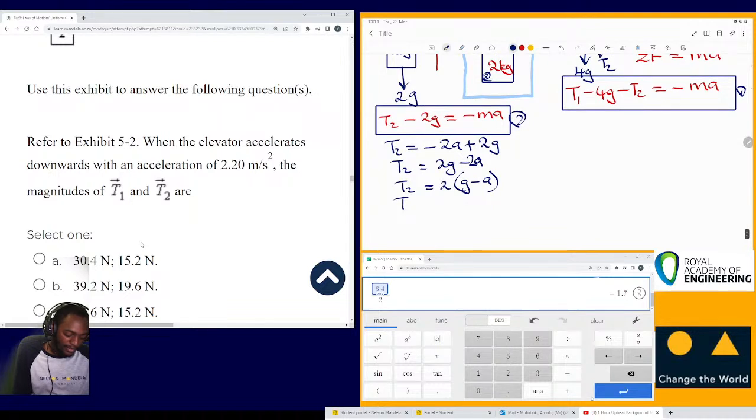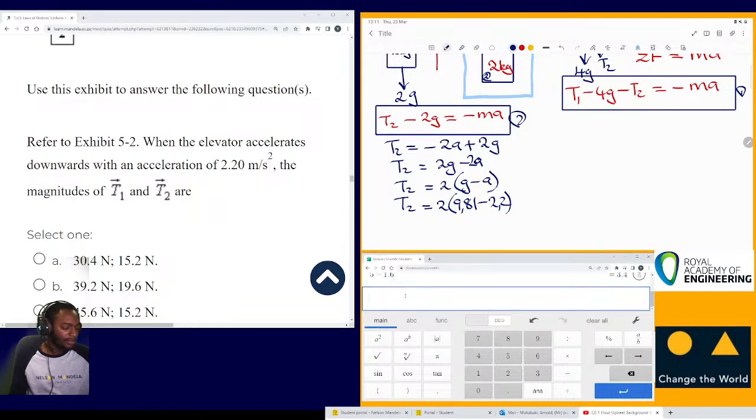So T2 equals 2 times (9.8 minus a), which is 1.2. Am I right? No, sir, it's 2.2. 2.2, thanks. So we can punch that and see what we get.